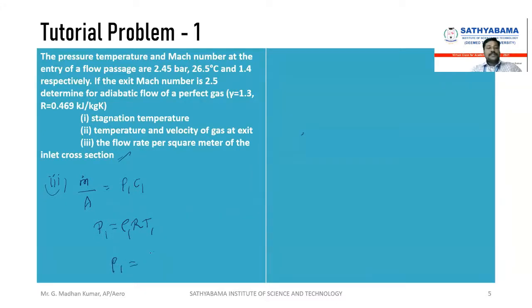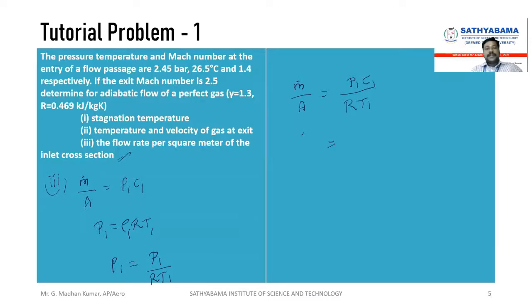So rho 1 is equal to P1 by R T, right? We just take this value and substitute, right? So what is the m dot by A now? So m dot by A is equal to P1 by R T1 into C1, right?